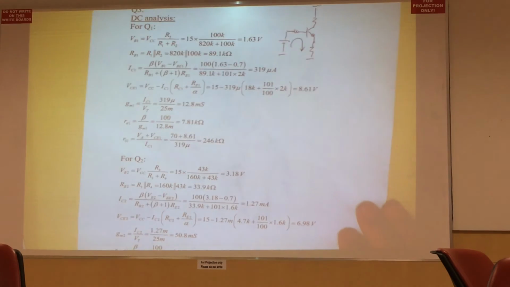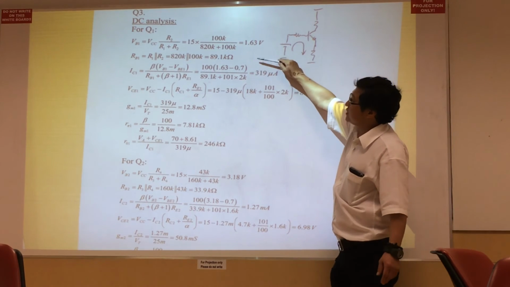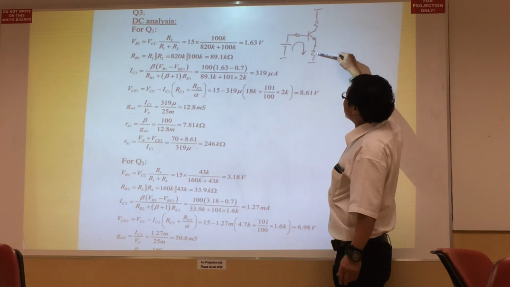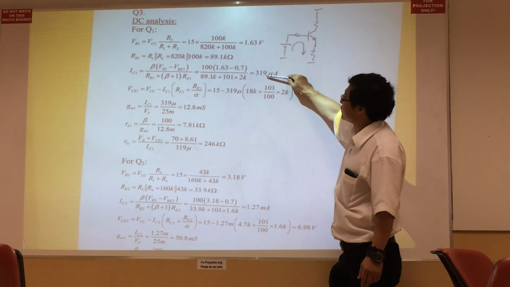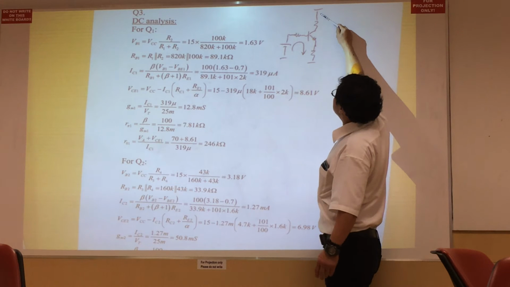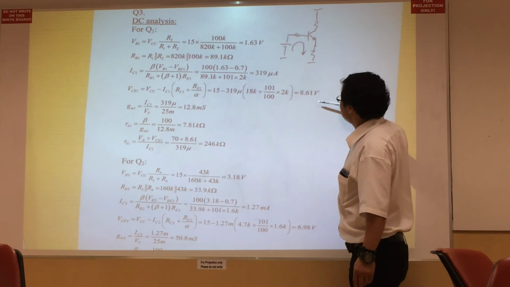Okay, so we first do the DC analysis, get the Thevenin's voltage, get the Thevenin's resistance, find out the collector current by doing this loop. All right. Once you found out the collector current, take the other loop from VCC towards ground to find out your VCE.